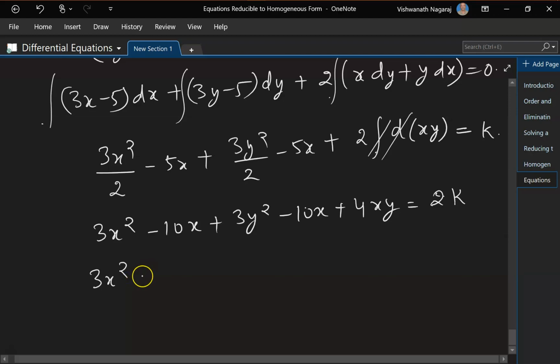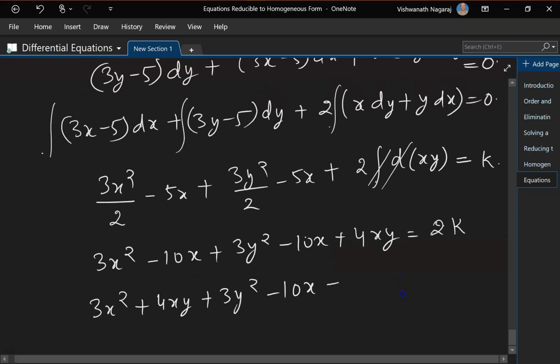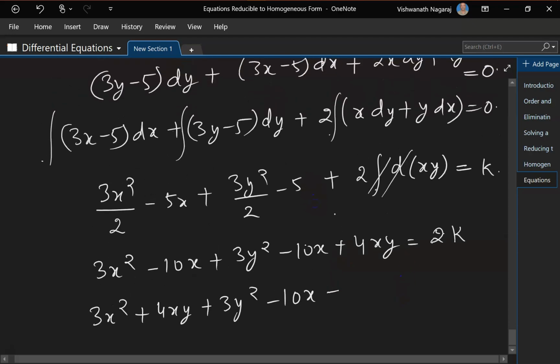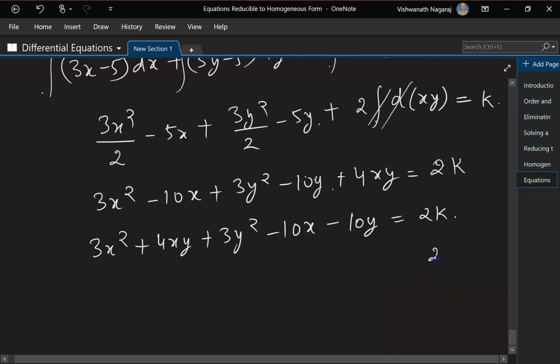So 3x square plus 4xy plus 3y square minus 10x, we have missed something here, this is y, so minus 10y is equal to 2k. Now this 2k, we can say p is equal to 2k.